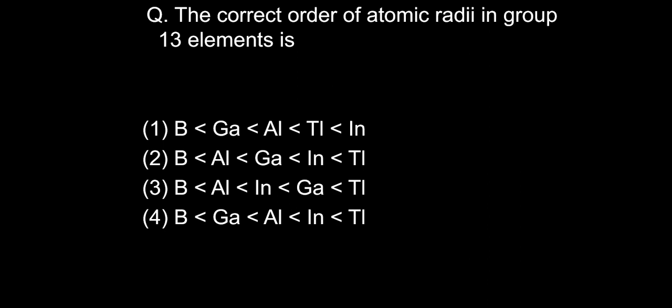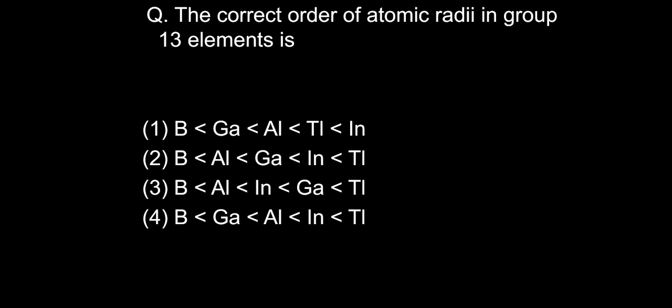That is a very common trend, and that is definitely true, but not in all groups, and especially not in group 13. That is why this type of question is given, where most of the students tend to go for the option where they find that it is increasing down the group, which you can clearly see in certain options.